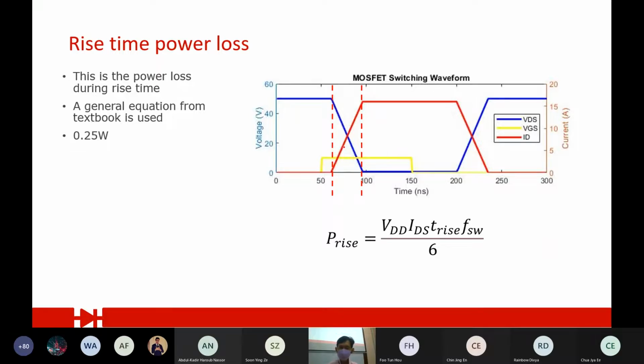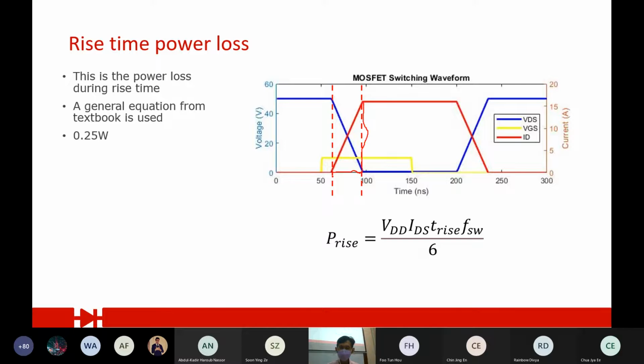So in order to calculate the rise time, you will see different textbooks may give you a slightly different equation, simply because the rise time is not really a fixed triangle.